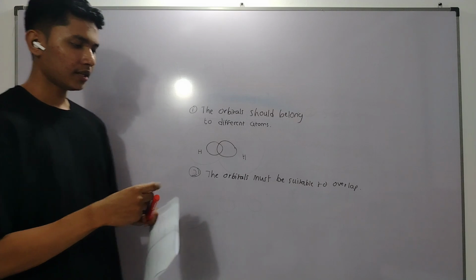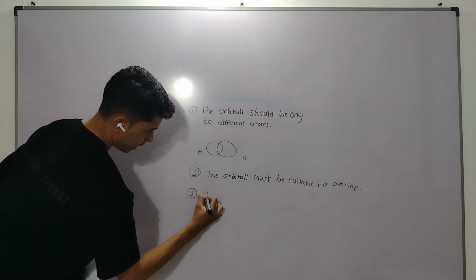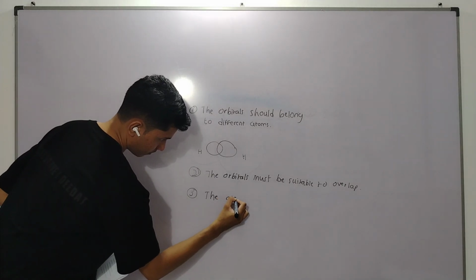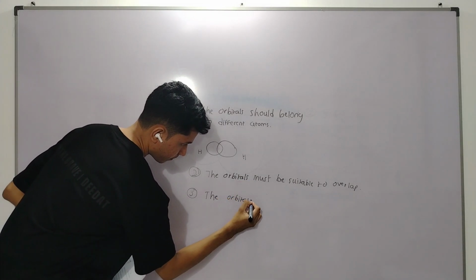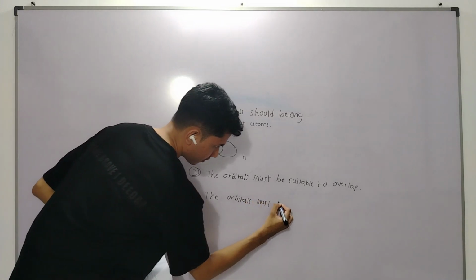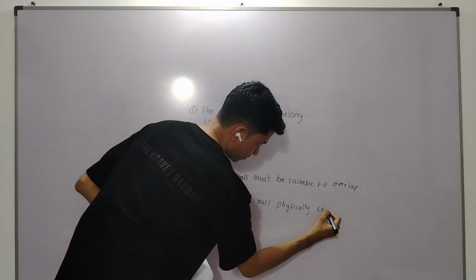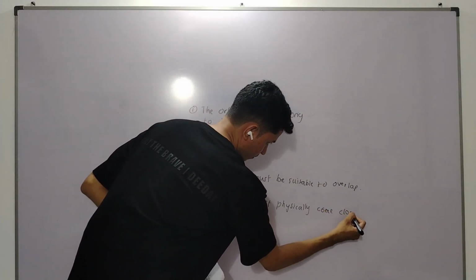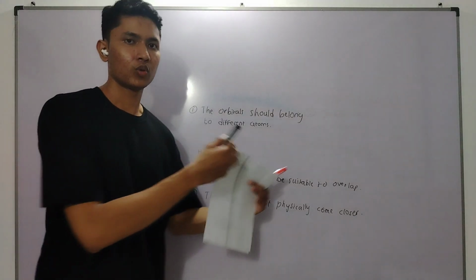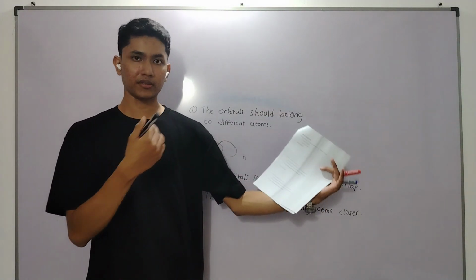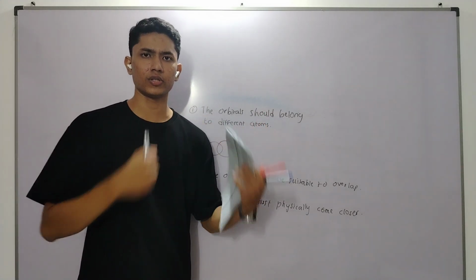The third point is that the orbitals must physically come closer. When they are far from each other, how can they overlap? No. So physically they must come closer to each other.